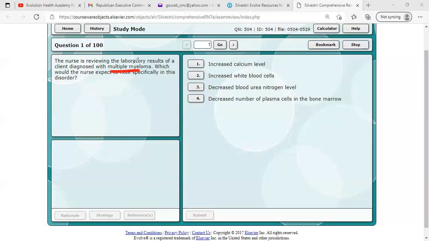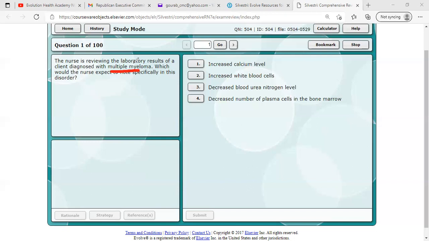Sometimes complications are also common. Complications may include amyloidosis. What is amyloidosis? It is a group of diseases where abnormal protein forms or builds up inside the body.